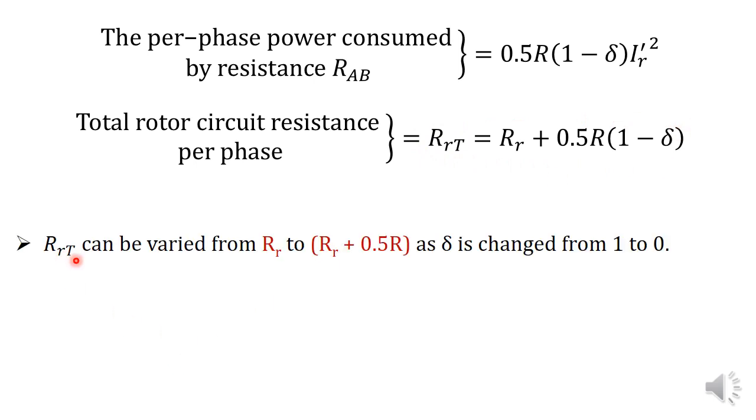So RRT can be varied from RR to RR plus 0.5 R. That is, if the value of delta is equal to 1, then the total rotor circuit resistance will be equal to RR. If delta is equal to 0, then RRT is equal to RR plus 0.5 R. So it can be varied from RR to RR plus 0.5 R as delta is changed from 1 to 0. That's how we are controlling the speed of the induction motor by varying the rotor resistance.